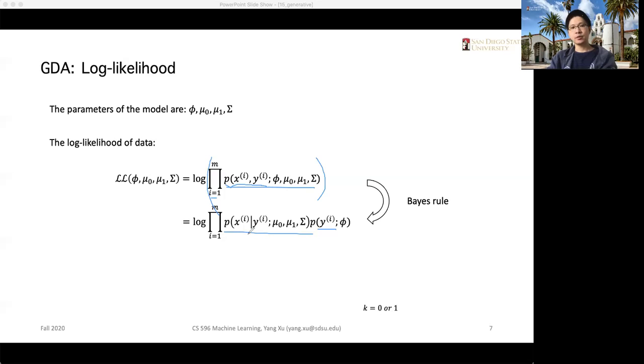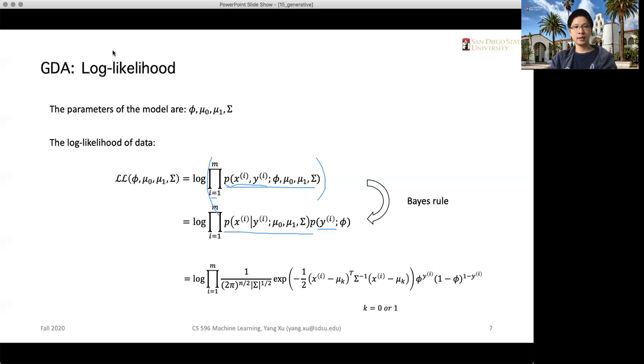Okay, so we decompose the joint probability into the products of the prior and the likelihood. And the likelihood is in the form of the Gaussian PDF functions, right? We just plug in all the equations here. And also the prior follows the Bernoulli distribution because we define that, right? We use the phi to describe the Bernoulli distribution, okay?